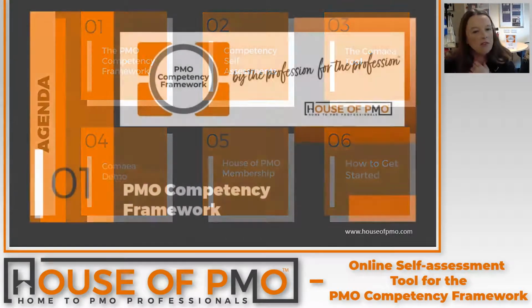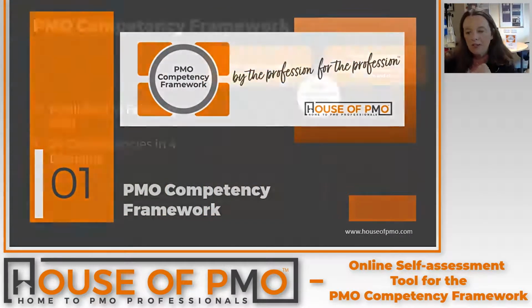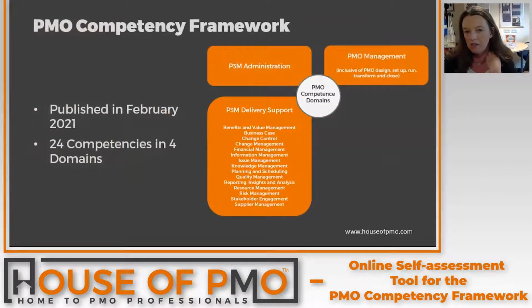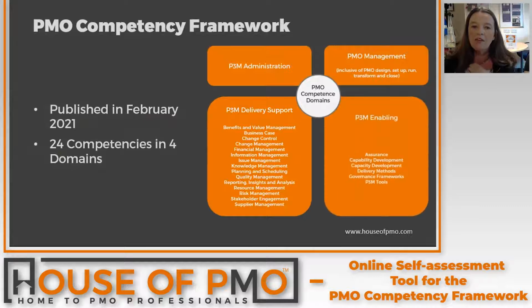So in terms of the competency framework, like I said, it's been 3 years in the making. We launched in February, and essentially what we've got there is 24 competencies in 4 different domains, which you can see on the screen: P3M administration, PMO management, P3M delivery support, which is the largest domain and covers the areas where PMO is supporting project and program delivery, and P3M enabling, which is all about those things that the PMO does to set the ecosystem for that organization to deliver its projects successfully.